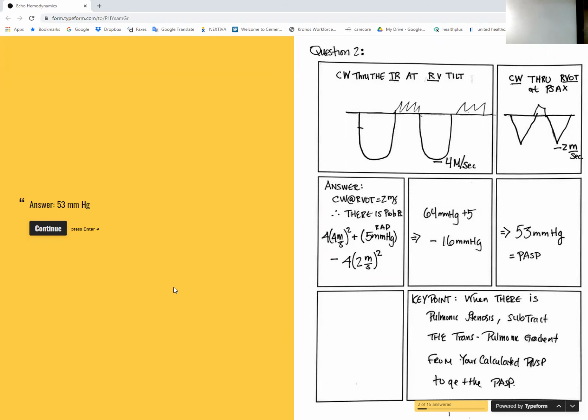So one of the old-time surgeries was to create a pulmonic stenosis, which protects the pulmonary vasculature from the volume and pressure overload. That's how I remember. PS is protective. Your PASP is always going to be lower than your RVSP in the setting of pulmonic stenosis.